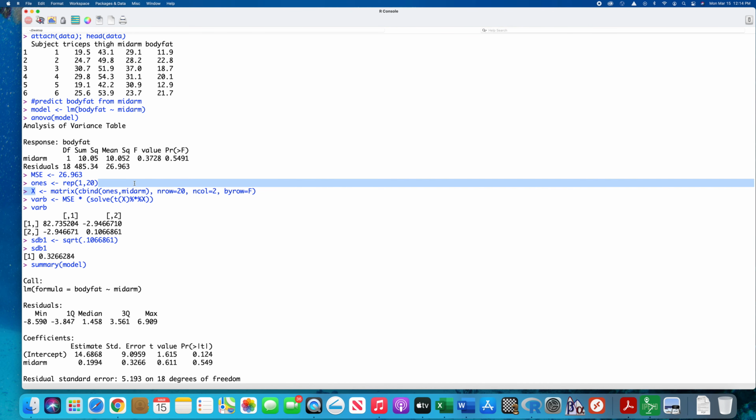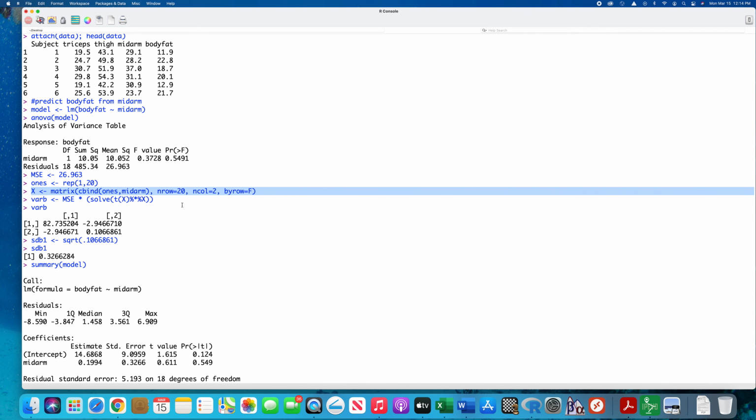So I need my 1s. That should be second nature by now. Next thing I do is create the variance-covariance structure for b. So I can see that the standard deviation for b1 is the square root of the variance for b1, which is right here.